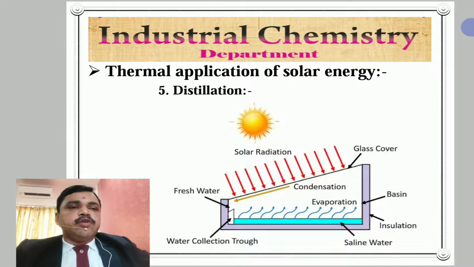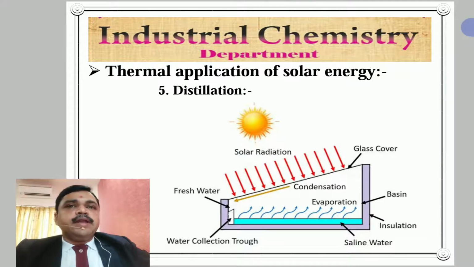We show the saline water in the figure. Please note that it is very important that the basin is lined with black impure material and is airtight, so the yield of distillation is increased.